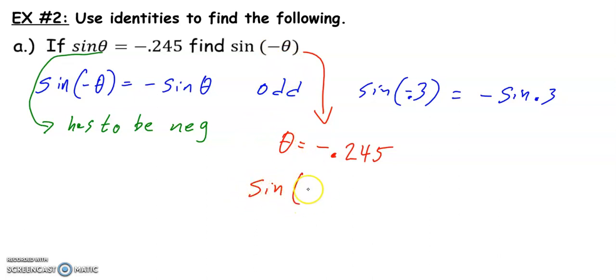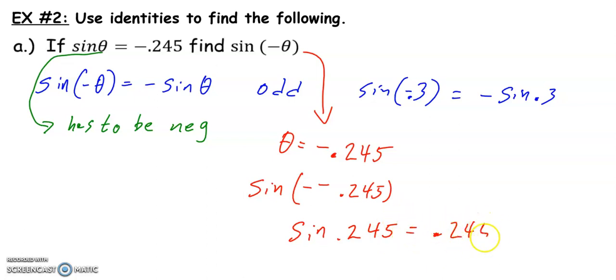So the sine of negative theta, and there's two negatives because there's a negative to begin with right here, and then the negative from there, is going to be the sine of 0.245. And so then we end up with 0.245. Boom. That's all we're doing. We're trying to find out the sine of the value of what got plugged in.